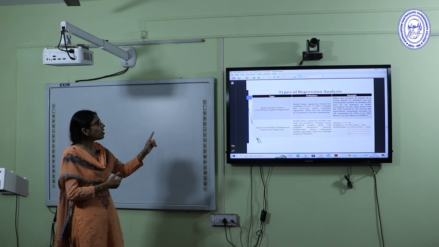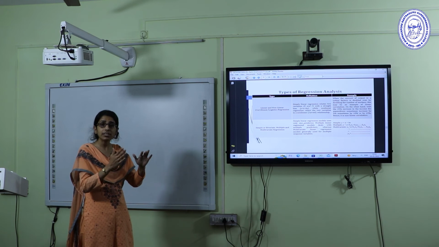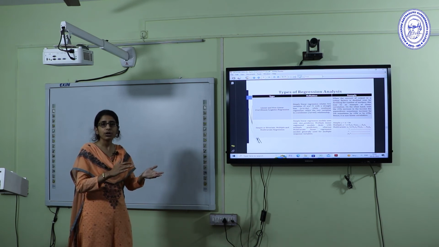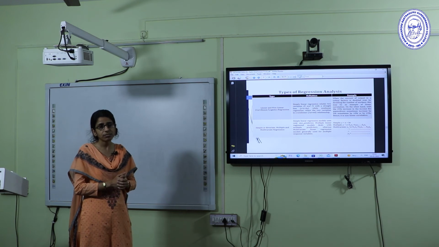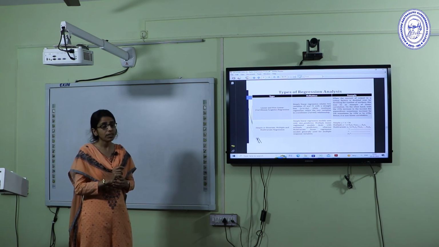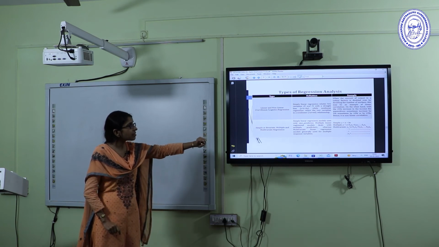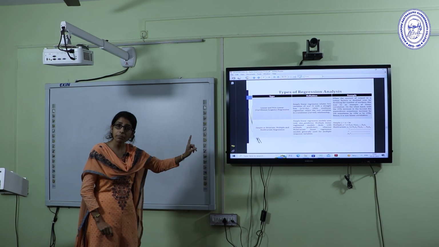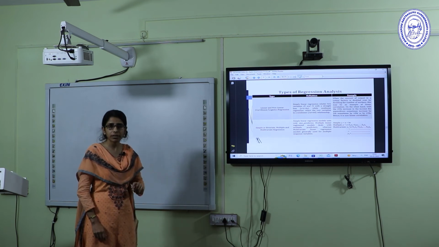So what is the difference between simple or bivariate, multiple and multivariate? When you consider simple or bivariate regression, you have only one predictor variable. That is y equals a plus bx, where y is your dependent variable and x is your independent variable.